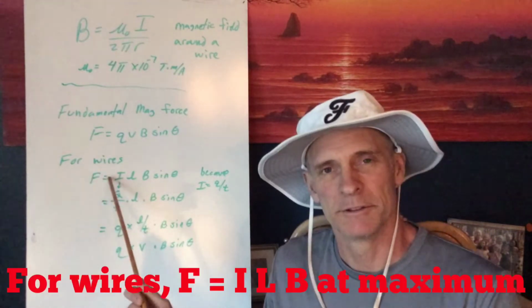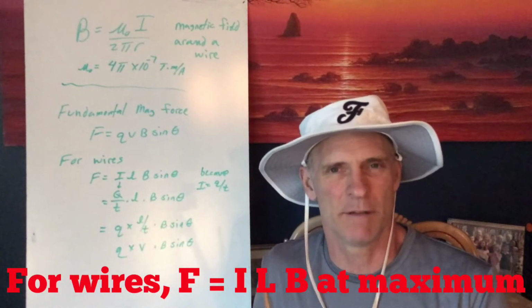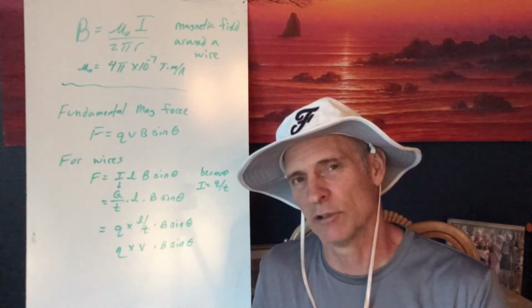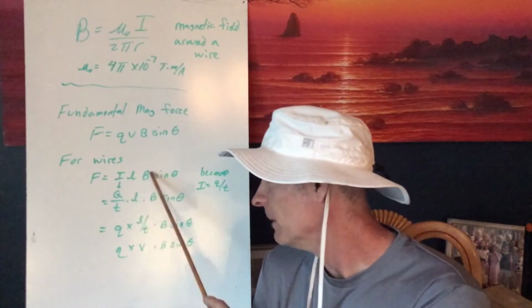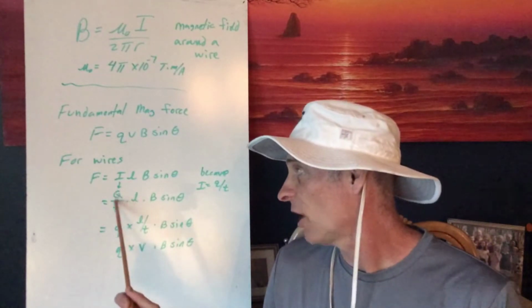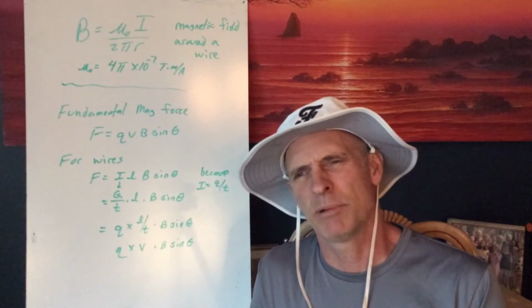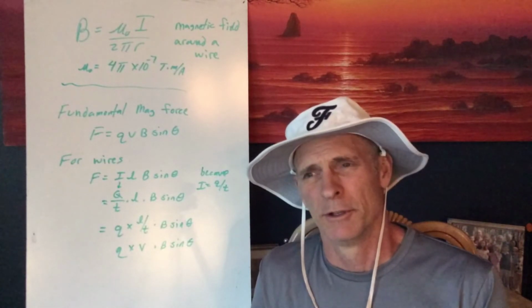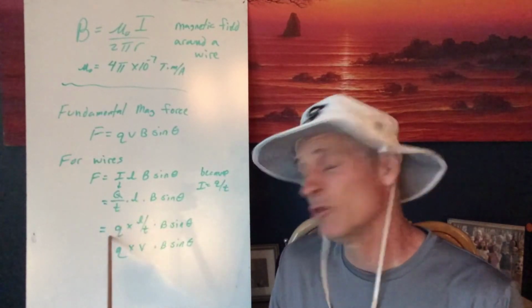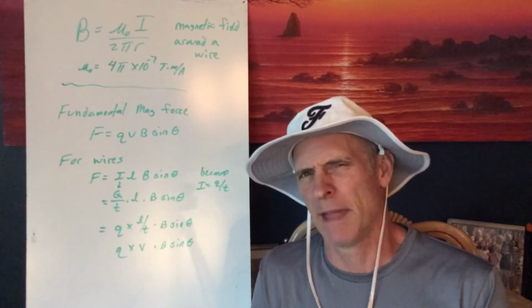But for wires, it's actually ILB sine theta. You may be asking yourself, well, why is it different around wires? It's actually not different if we take a closer look. ILB sine theta, what is the definition of I? It's charge divided by time, Q divided by T. And if we play around with the commutative property of multiplication, we can represent Q by itself and move this time component to be underneath the length.